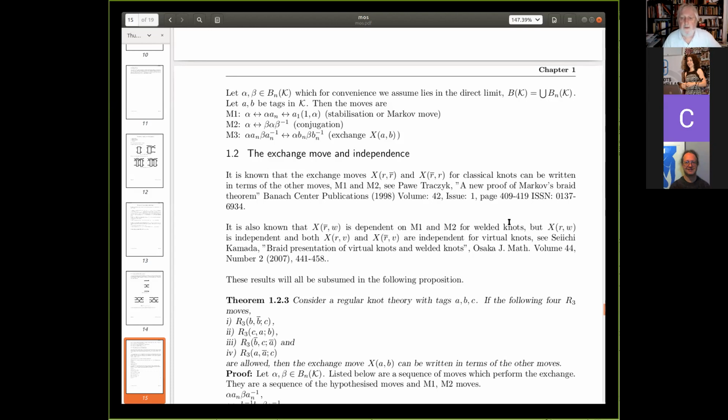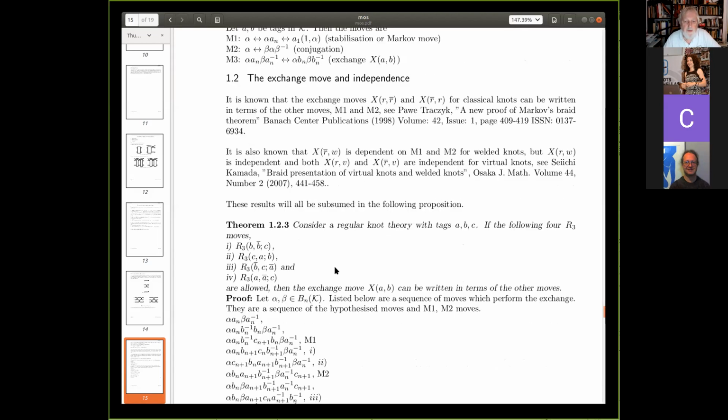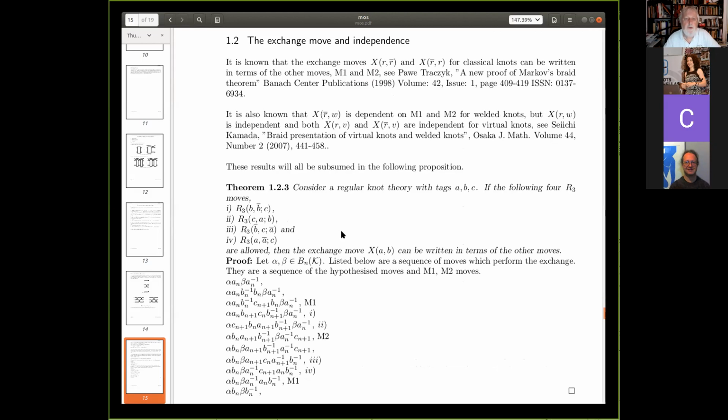In other words, we don't need an exchange move for welded knots, but the interchange of R and W is independent for virtual knots. So Saiichi Kamada has defined an invariant which shows that this exchange move is necessary, and we can get around all this by the following proposition.